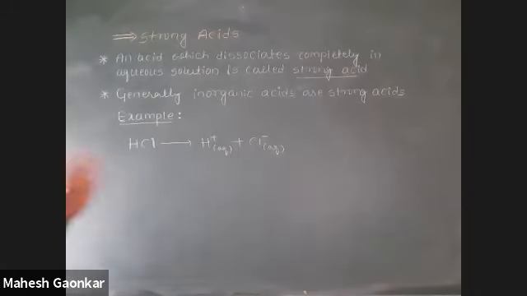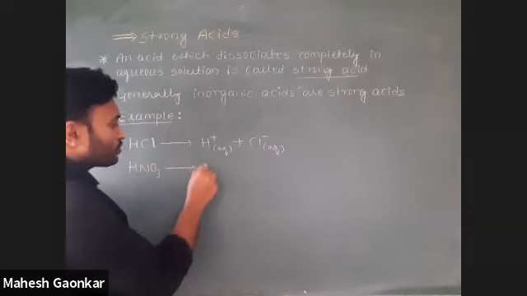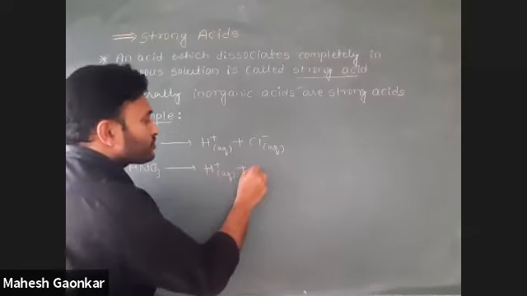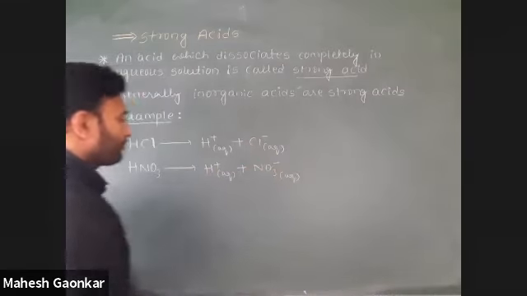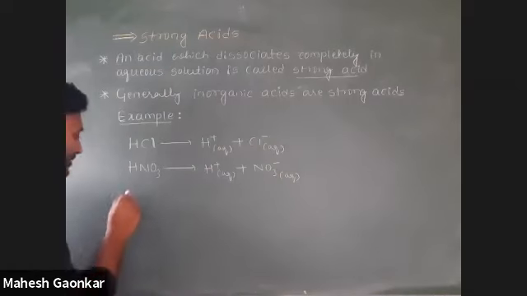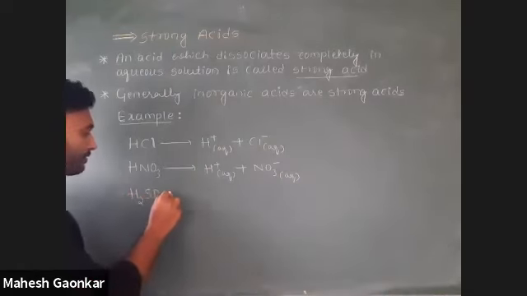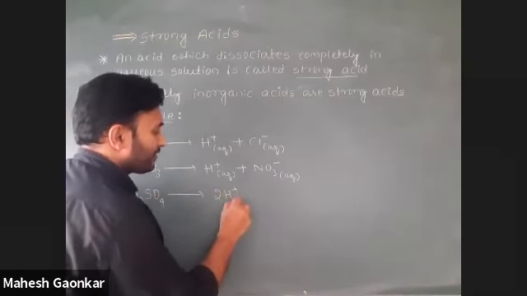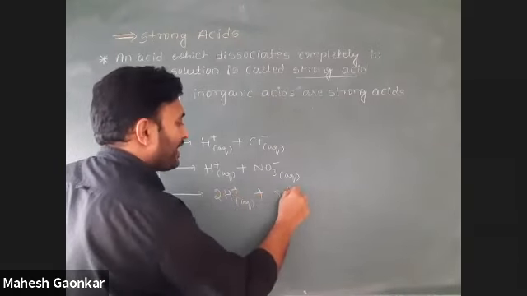Therefore, HCl is a strong acid. HNO3 also dissociates completely to H plus and NO3 minus. Then H2SO4 also dissociates completely into H plus and sulfate.